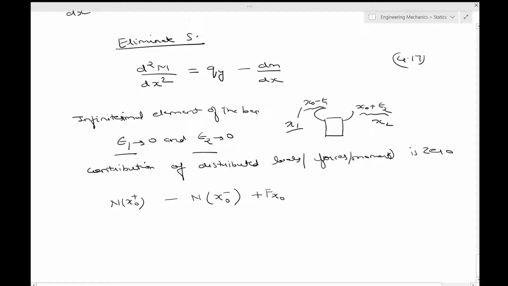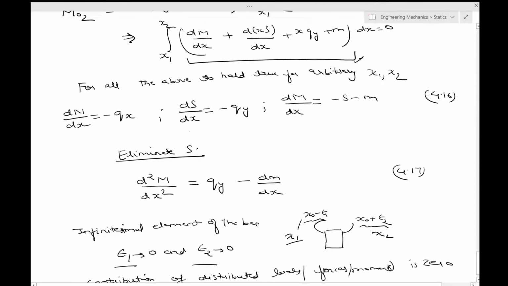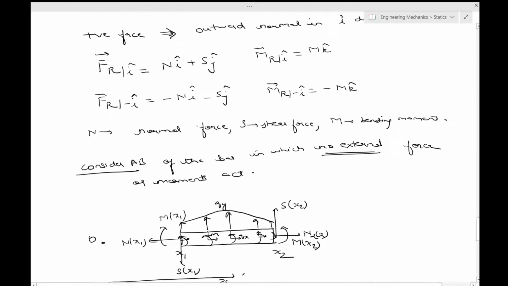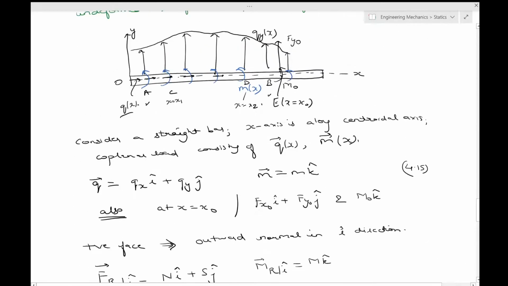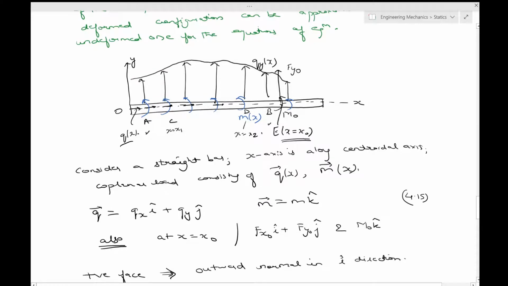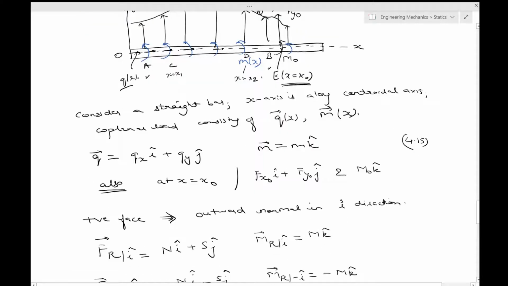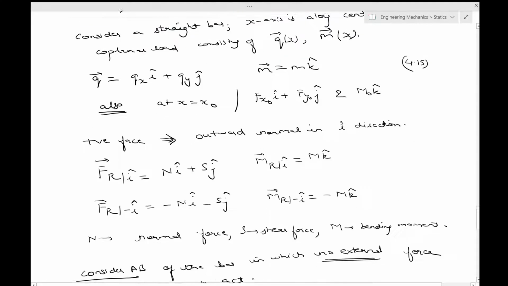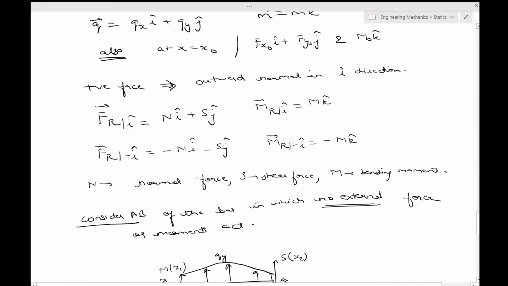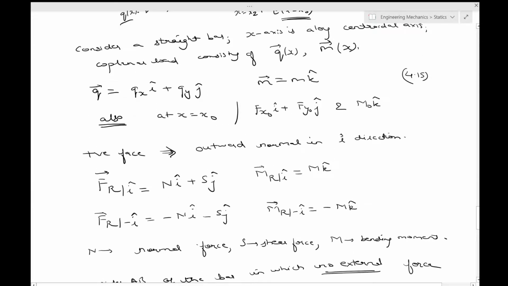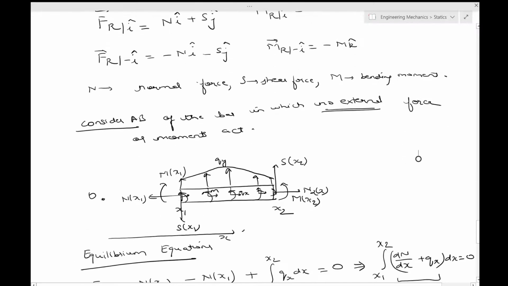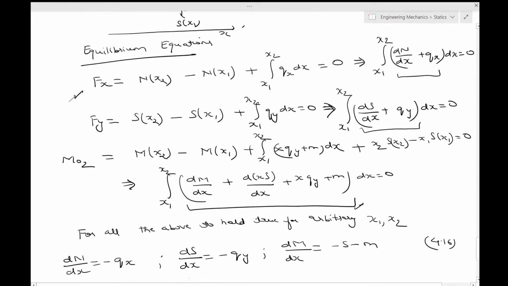This is the additional force which you remember we had given. X equal to 0 was somewhere over here. This also had an Fx naught and Fy naught and M naught. So that's where we are taking it.